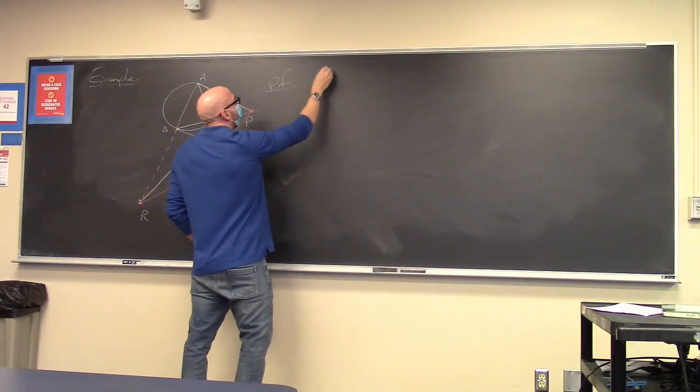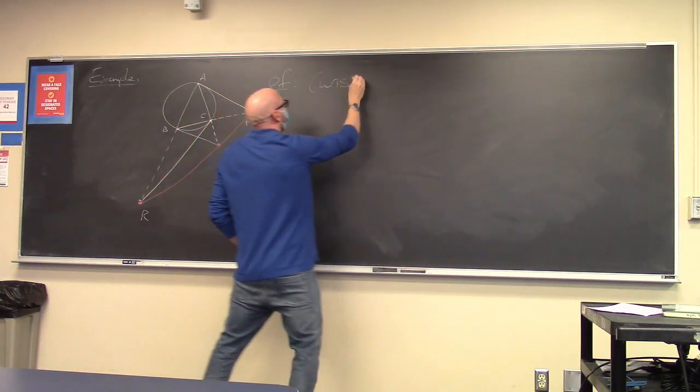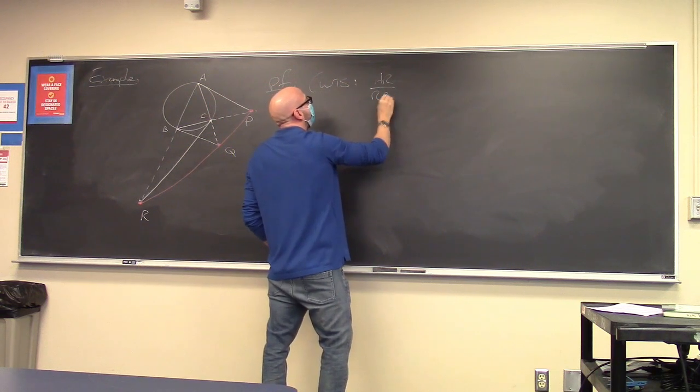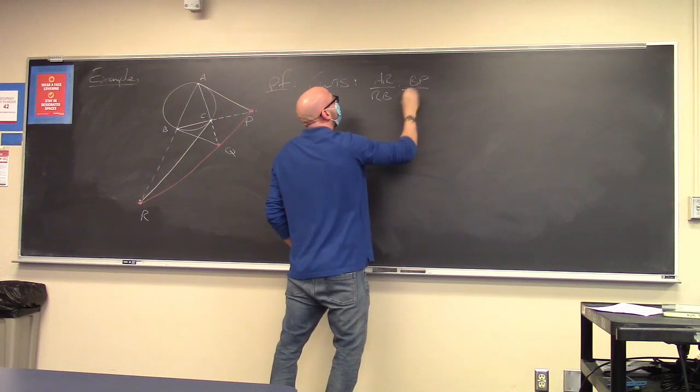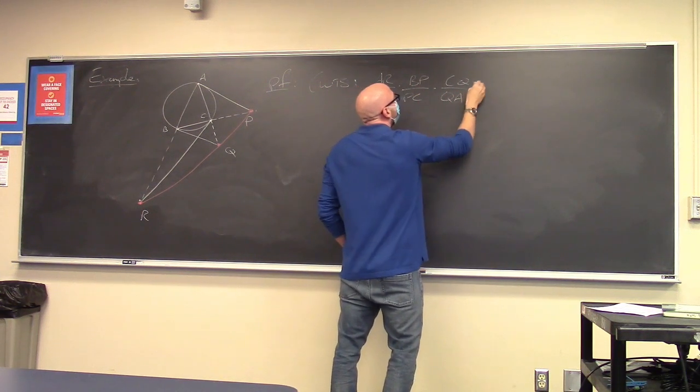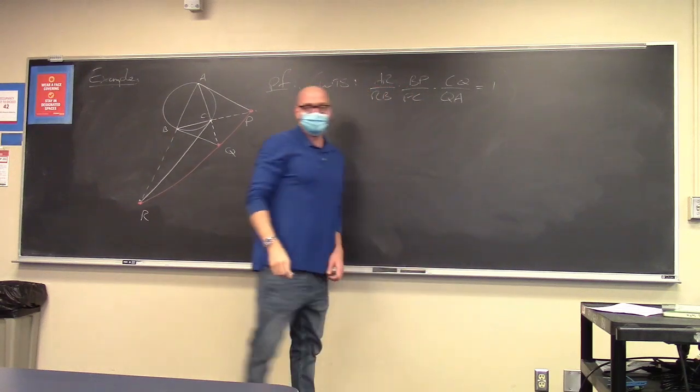So our proof is we want to show that AR over RB times BP over PC times CQ over QA equals 1.